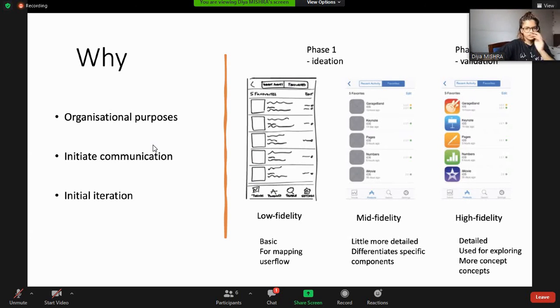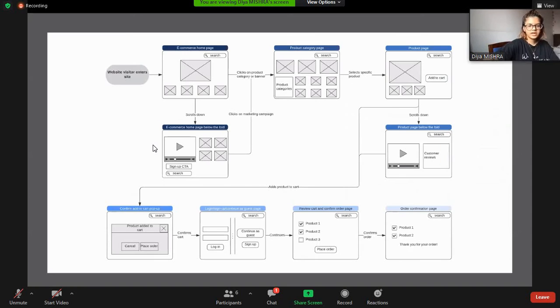And then in the validation phase, after all the feedback received when shown to the audience members or the stakeholders, it develops into a high-fidelity wireframe, which is more detailed and includes all the images and text relevant to the concept. This is used for exploring more complex concepts, such as navigating through the site or app.